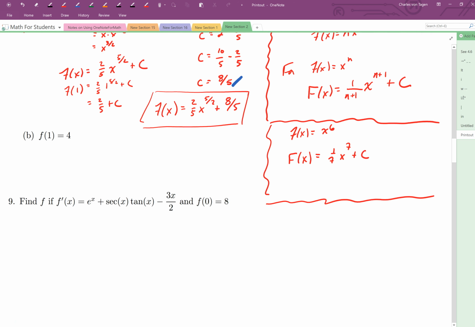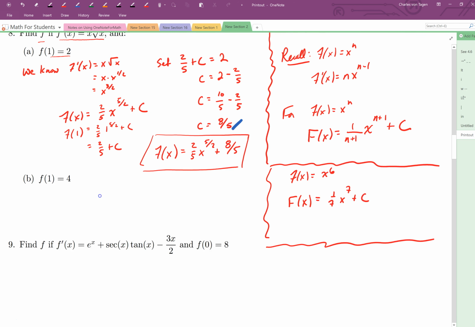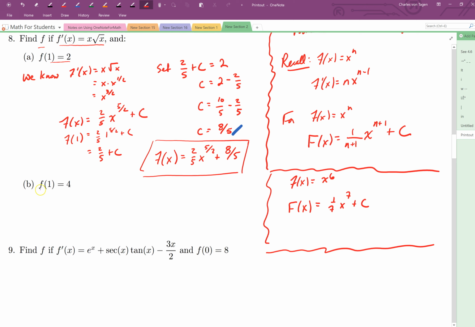Okay. So for part B, we again want to have a function f that has as its derivative x radical x. So that part's not going to change. But in this case, we want it to pass through the ordered pair 1, 4. So we want 4 to equal 2/5 times 1 to the 5/2 plus c, or 4 to equal 2/5 plus c.